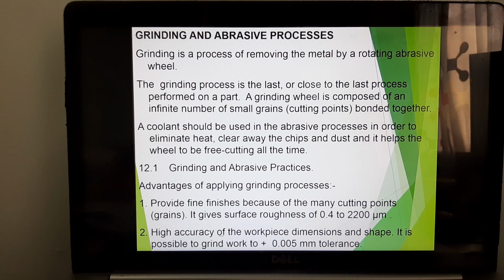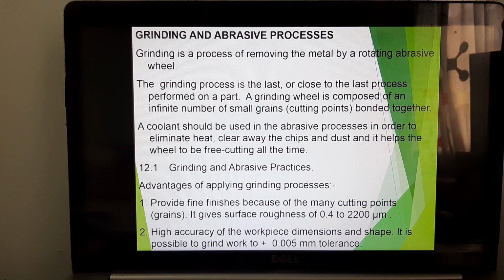Therefore, a lot of heat will be generated, and you will have to use coolant in order to bring down the heat of the product. Like I mentioned in your previous chapters, please know at least 3 functions of coolants for your exam purposes. A coolant should be used in the abrasive processes in order to eliminate heat, clear away chips and dust, and help the wheel to be free of cutting all the time.